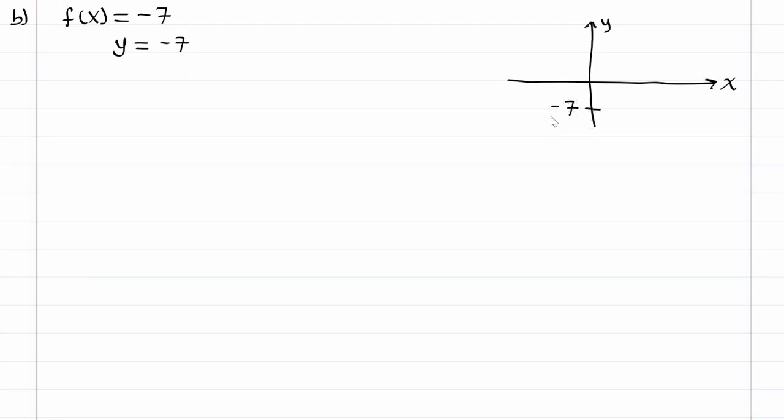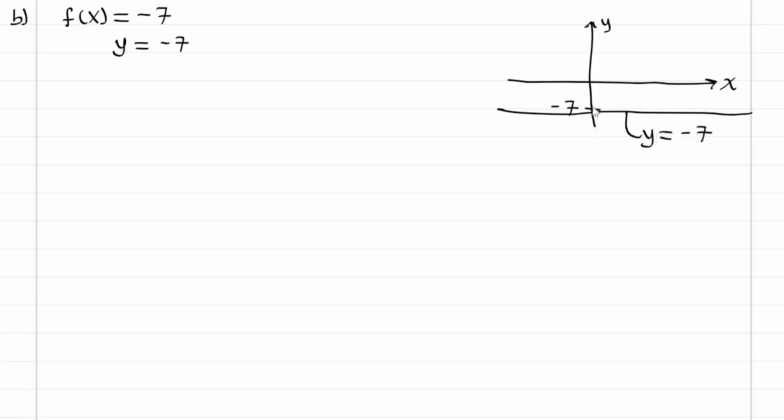This is our focus, but the other values on the Cartesian plane we are not plotting. So from here the line y equals -7 passes through -7 in that manner. It is a straight line. I'm not using a ruler. It is not to scale. So this is our function y equals -7.